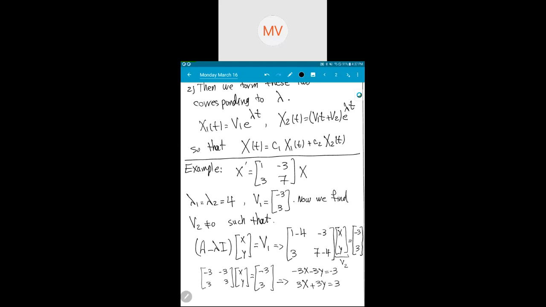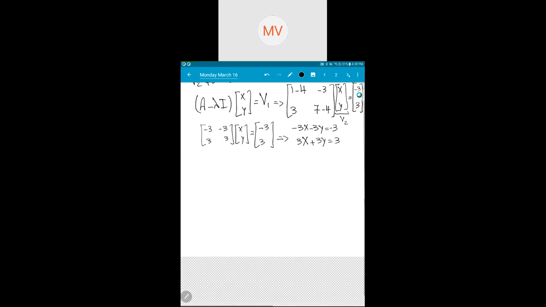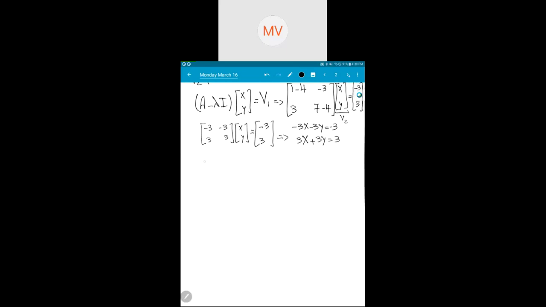Whereas if I picked 1 and negative 1, it wouldn't be as easy to deal with. So they're both going to give you x plus y equals 1. And that's the straight line. In fact, this is the equation of this line right here for x and y.